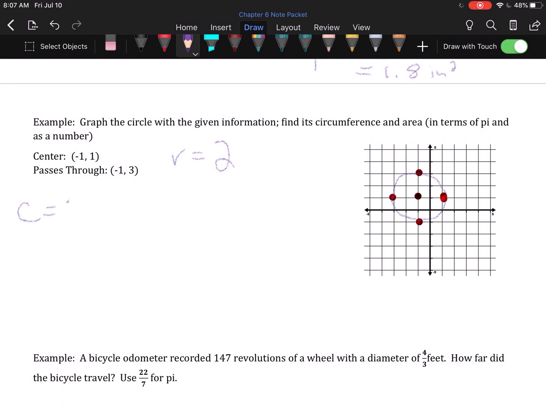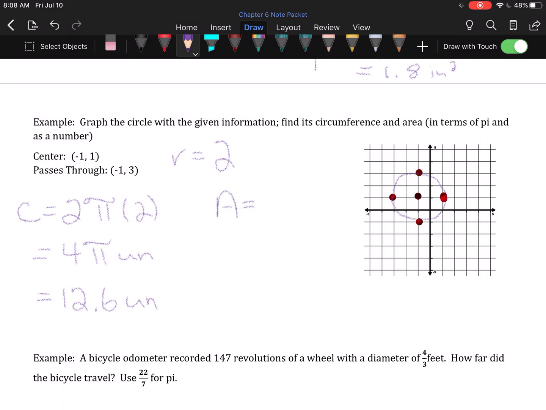So circumference is going to be 2 times pi times the radius. That's 4 pi units. And 4 pi is 12.6 units as a decimal. It's 12.56, but the 6 kicks the 5 up to a 6.